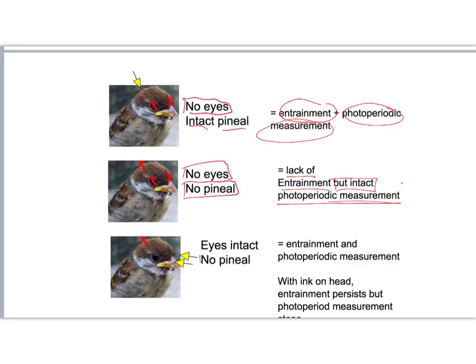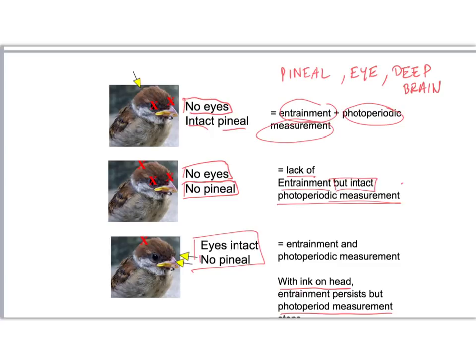And what's really interesting here is that if you take these animals that have no eyes and no pineal, and you cover the skull with ink so that light cannot get through the skull bone, these animals also lose photoperiodic measurement, which means that, taking all this evidence together, there are photoreceptors in the pineal, in the eye, and also deep brain photoreceptors.